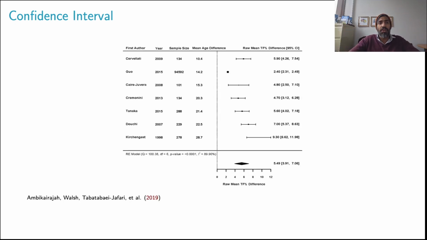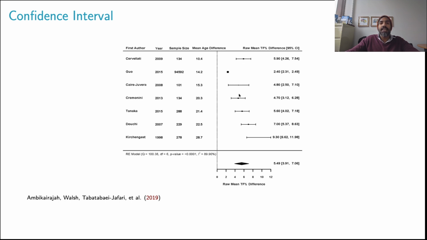Here's an example of a systematic review I conducted looking at differences in fat mass between pre- and postmenopausal women. Here I'm looking specifically at trunk fat percentage difference. These are all separate studies, and what I'm constructing here is the mean and the confidence interval. So that's the mean and confidence interval.